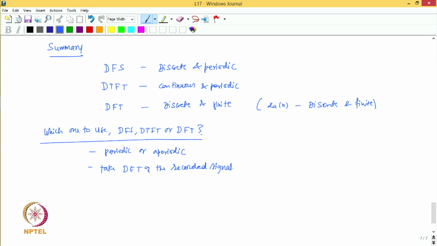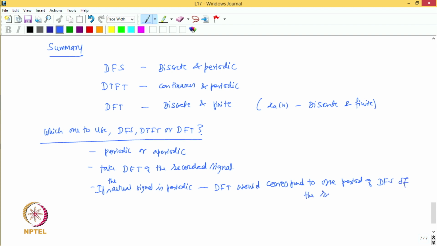So if the actual signal is periodic, then the DFT in this case would correspond to one period of the DFS of the recorded signal.